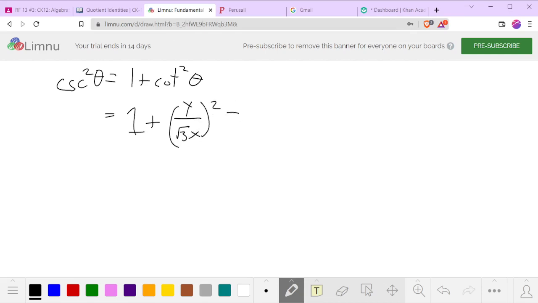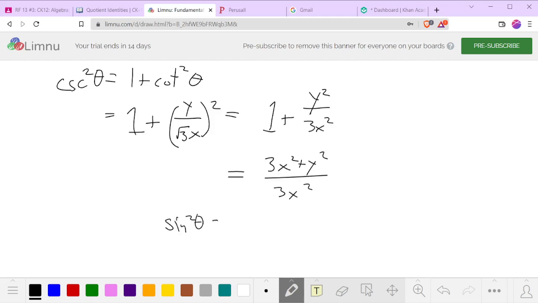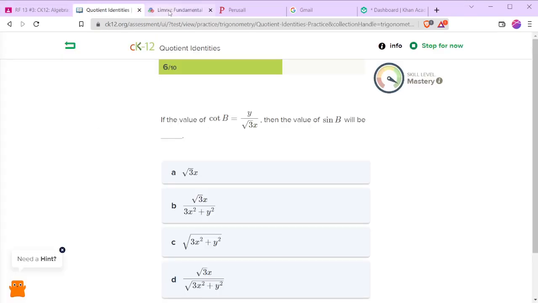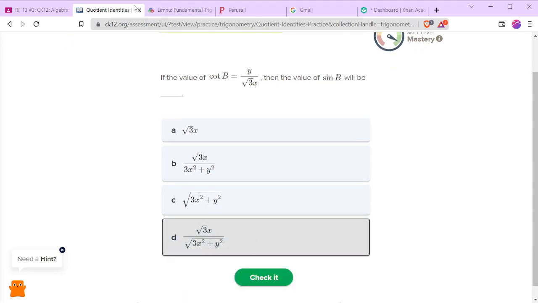We square that. That's 1 plus y squared over 3x squared. So this is 3x squared plus y squared over 3x squared. If we put it over a common denominator, we reciprocate, and sine squared is 3x squared over 3x squared plus y squared. So sine alone will be the square root of that, which will be our option D.